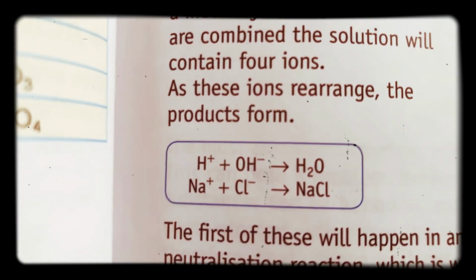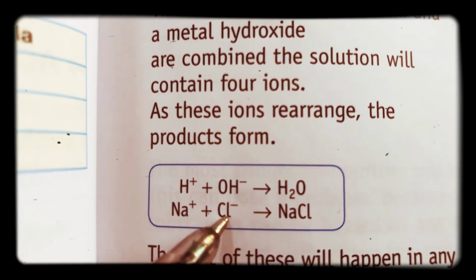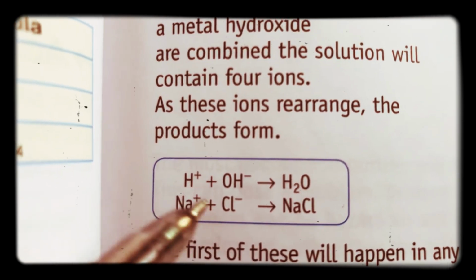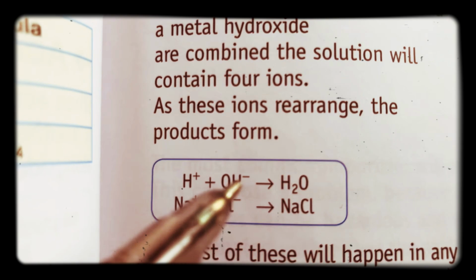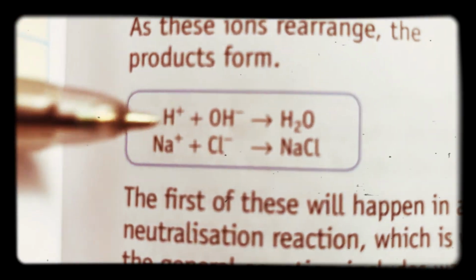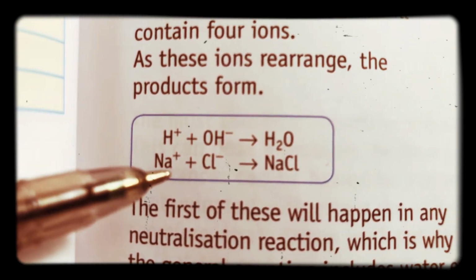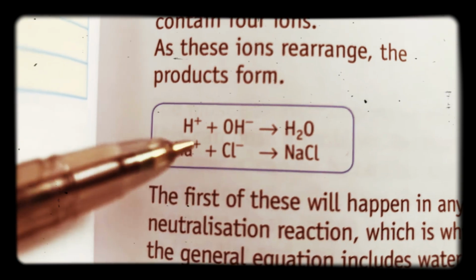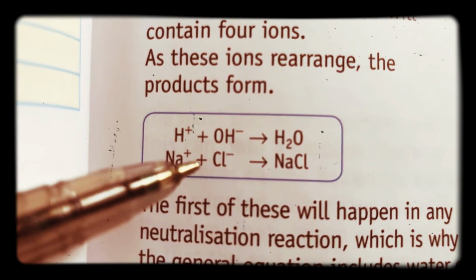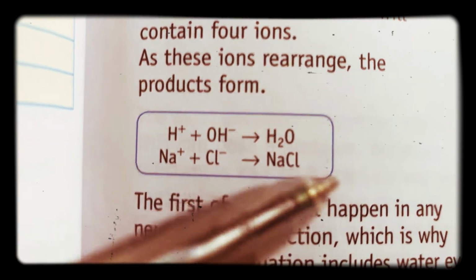And what's left over now, this is an example where you originally started off with hydrogen and chloride, so that was hydrochloric acid, and we're adding that hydrochloric acid to sodium hydroxide, which is an alkali, so the other two ions that are remaining behind can combine together. You can force them to combine together to form NaCl. There's a plus and a minus, and it balances out, okay? So NaCl, that's sodium chloride, and that is a salt.